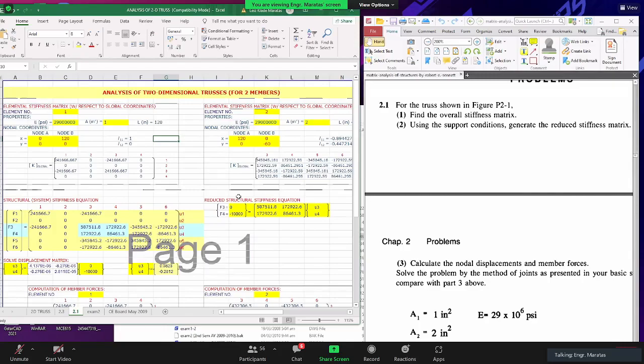If you are well-versed with other programming languages, like C++ or MathCAD or Visual Basic, you can also use them. For 2.1, Excel is semi-manual. That's the difference with the other one.